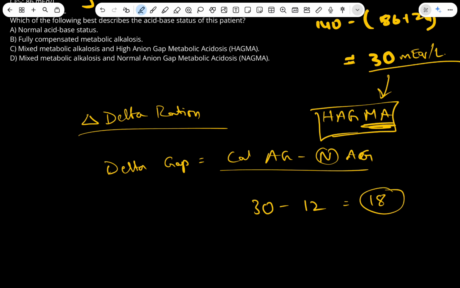Got it? And expected bicarbonate is equal to normal bicarbonate minus delta anion gap.